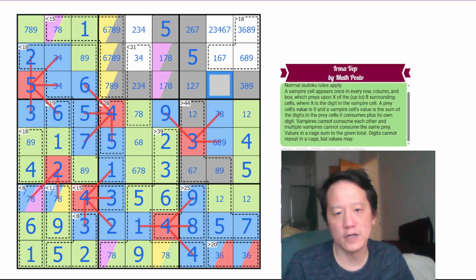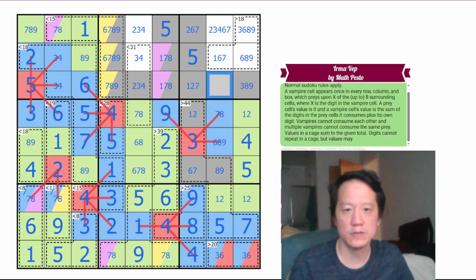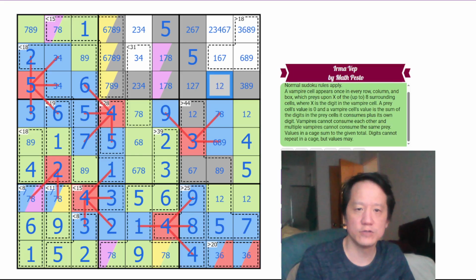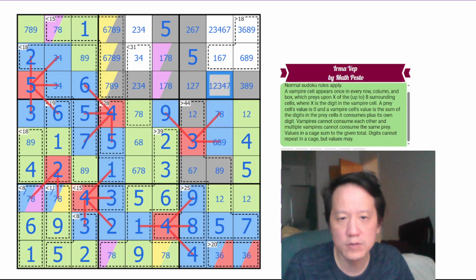This again cannot have 8 or 9. So it could be 1, 2, 3, 4, no 5, 6, or 7 here.